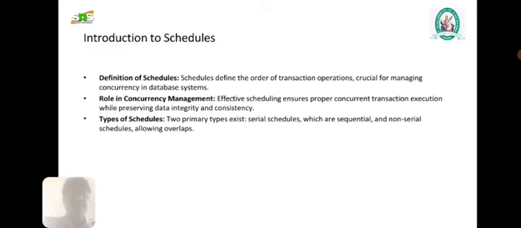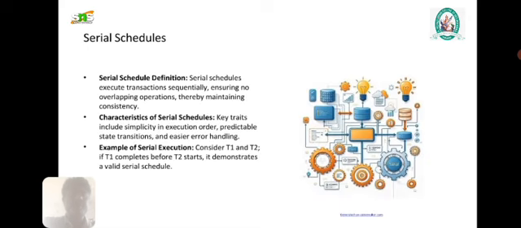Next is the types of schedule. Two primary types exist: serial schedules, which are sequential, and non-serial schedules, which allow overlaps. Serial schedules execute the transactions sequentially, ensuring no overlapping operations, thereby maintaining consistency.